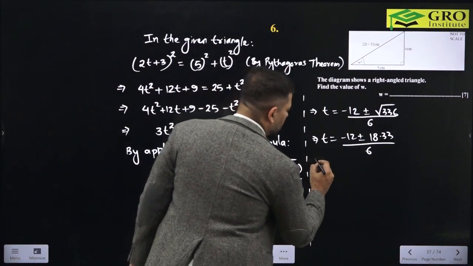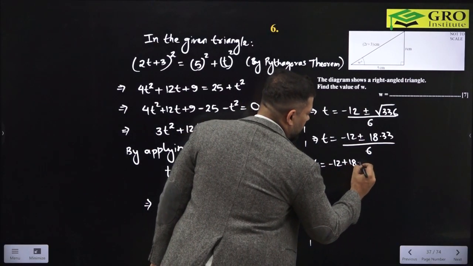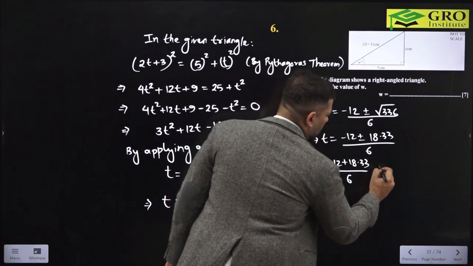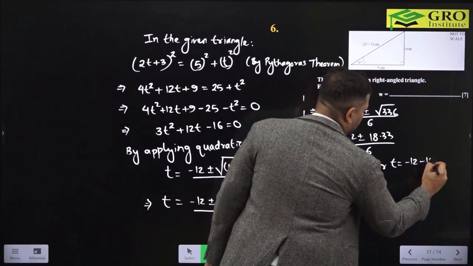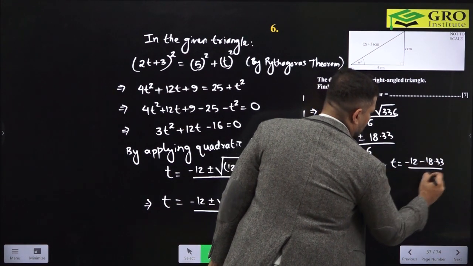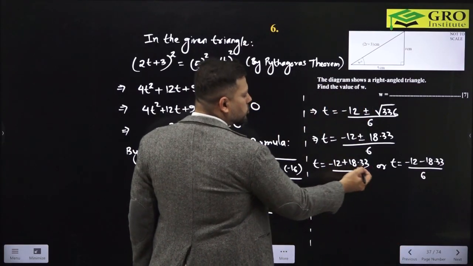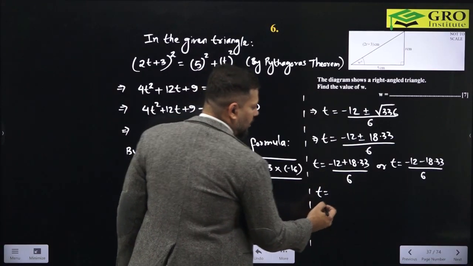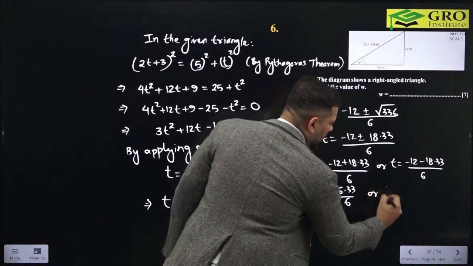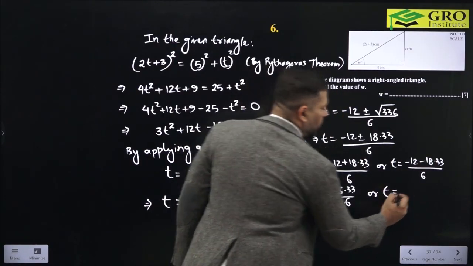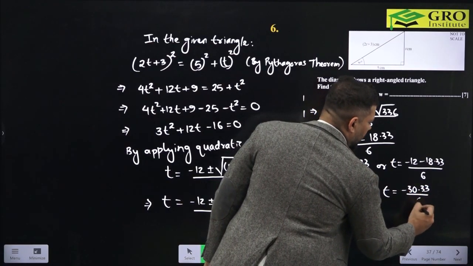Let's come to that part. t is equal to minus 12 added with 18.33 upon 6, or t is equal to minus 12 minus 18.33 upon 6. So if we solve it, we'll get t as 6.33 upon 6, or here minus 12 minus 18.33 would be minus 30.33 divided by 6.